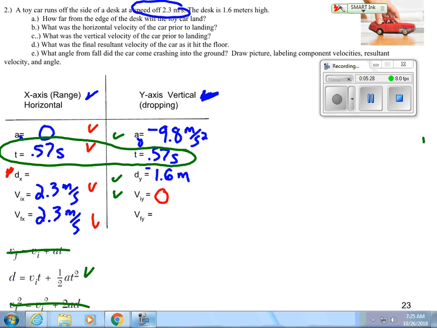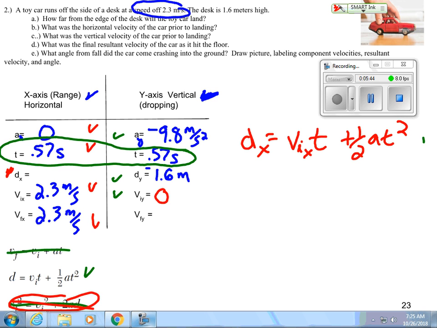All right, so now I'm looking for the range. That's dx is equal to v initial in the x direction times time, plus, technically the equation says 1/2 a t squared. Notice, again, I did not choose this one because it has velocity final in it. I didn't choose this one because it had velocity final.